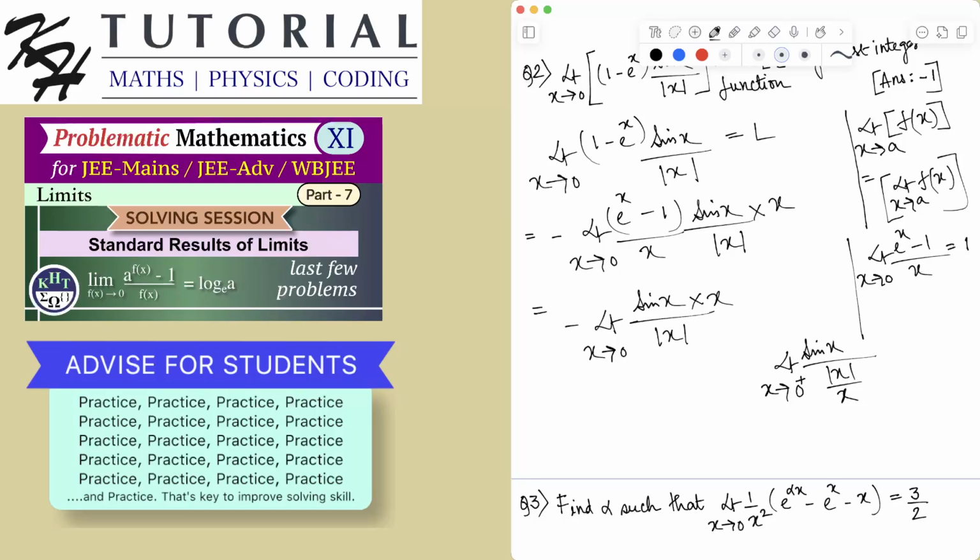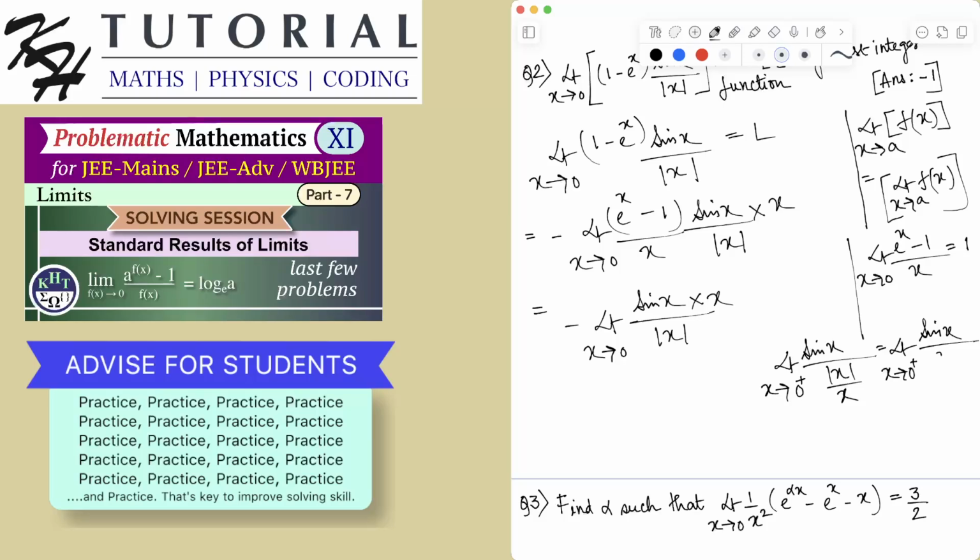When x is tending to 0 positive, then this will be the limit as x tends to 0 positive of sin x divided by mod x, which can be written as x, because x is positive, that is, 0 positive means x is greater than 0.